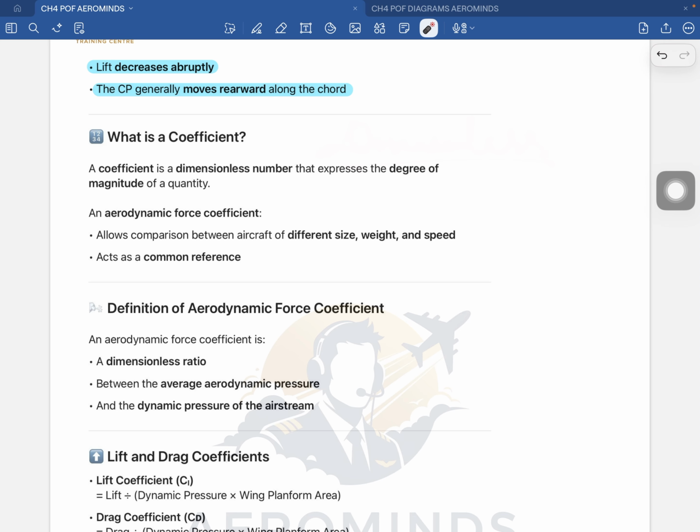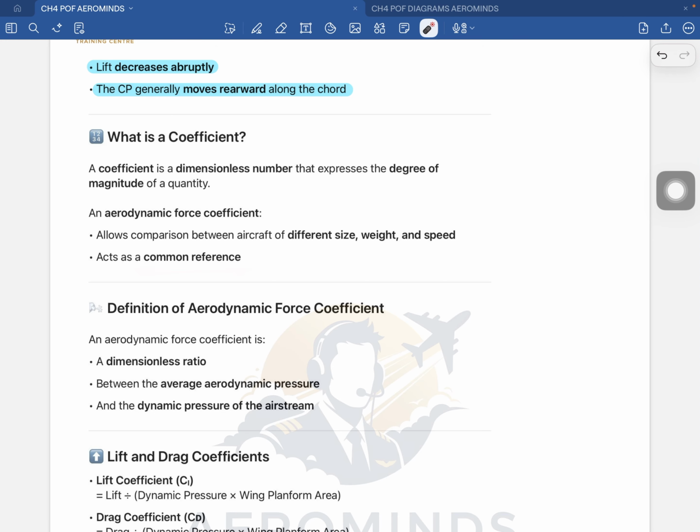So an aerodynamic force coefficient allows comparison between aircraft of different sizes, different weights, and different speeds. Without a coefficient, a big aircraft will have bigger lift and drag numbers than a small aircraft, which is not useful for comparison. So we use the coefficient as a common reference.